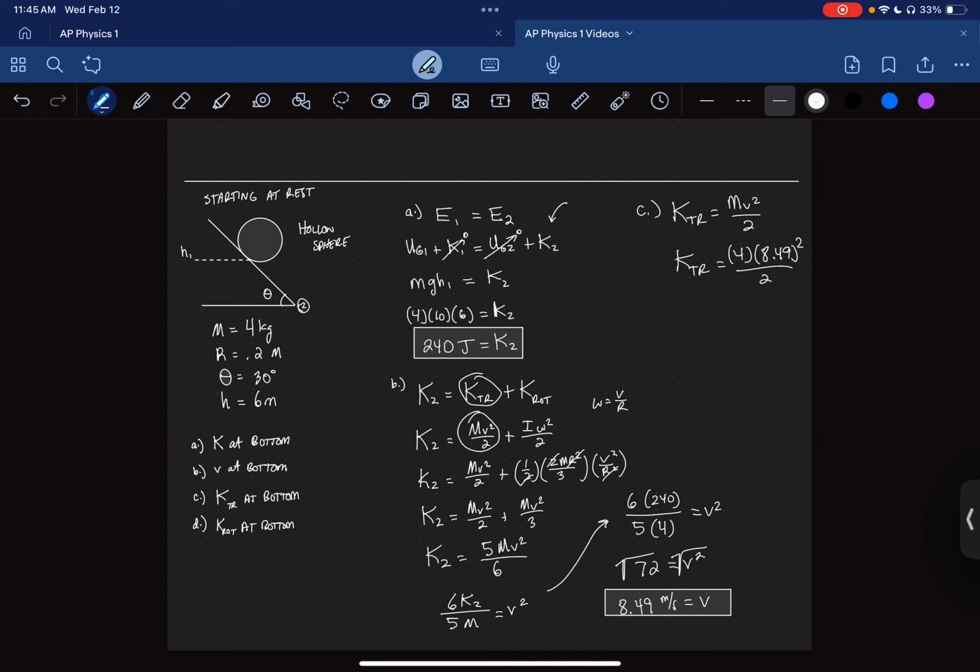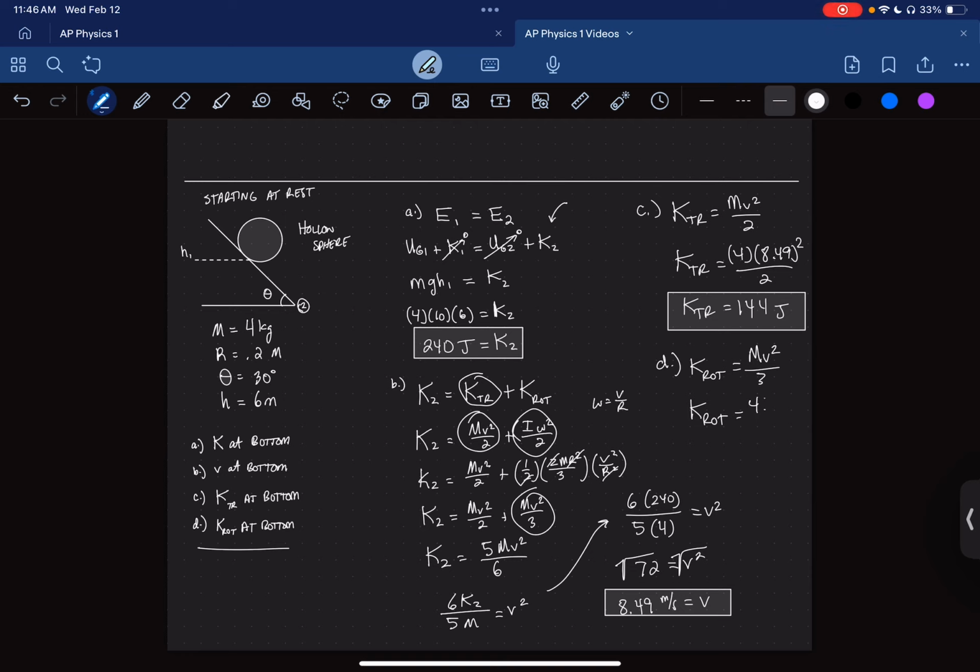We can do the same thing for rotational kinetic energy, which is, sorry, part D. Now, you could do this if you want to torture yourself. Just do this one. And in fact, there's an even easier way.